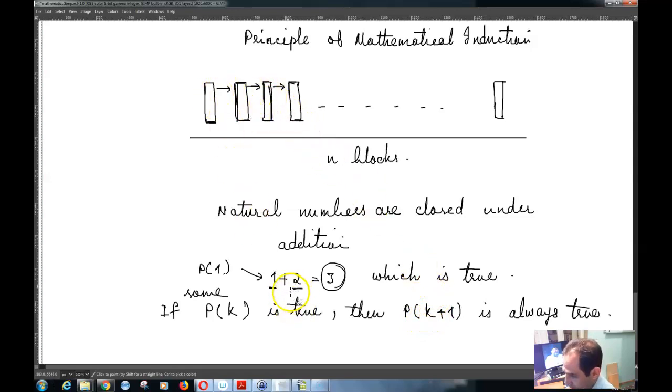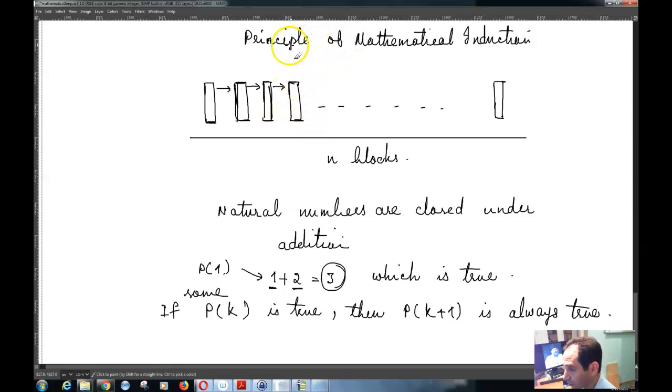So now I have shown that the first block falls over, and also that as a result of any block falling over, the next block will inevitably fall over. That means, based on the principle of mathematical induction, that if the first block falls over, the next one will fall over, and the next one, and so on and so forth.